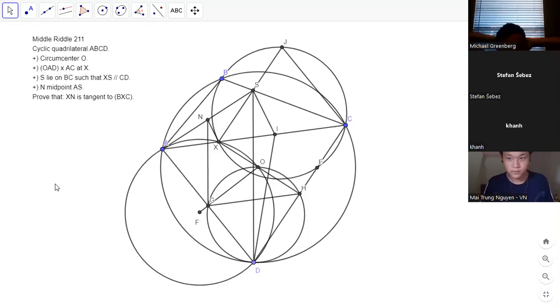Okay, so the power of x with respect to the big circle, that's xo squared minus the radius squared. And the power of x, we want to find xs times xj.